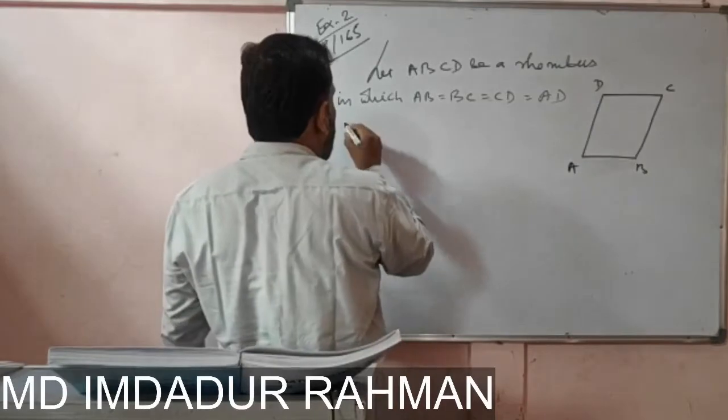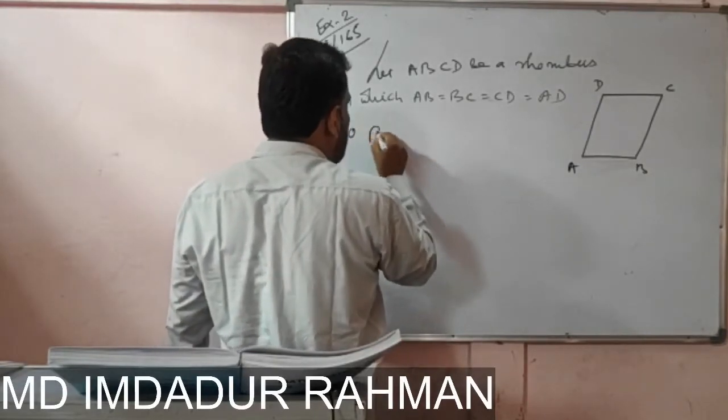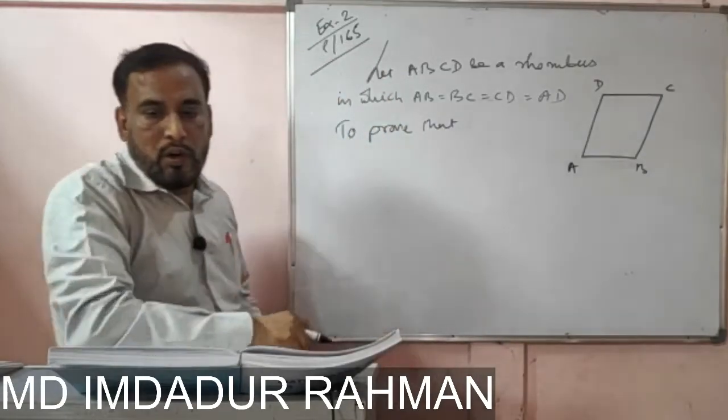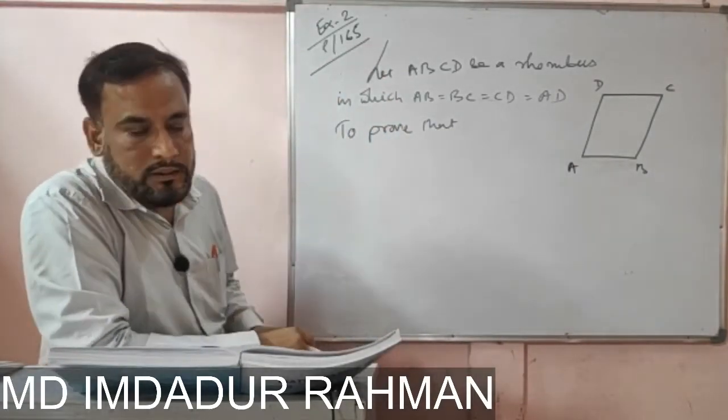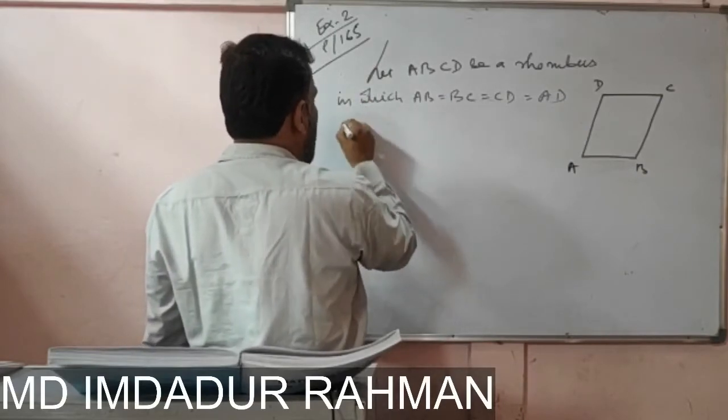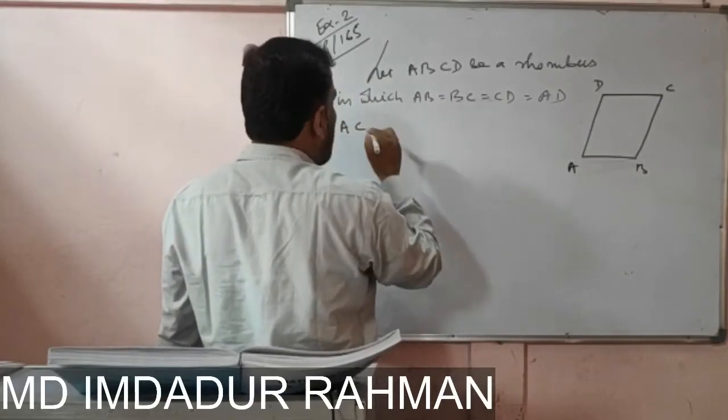So what is to prove? To prove that AC and BD, first we will consider the diagonals.